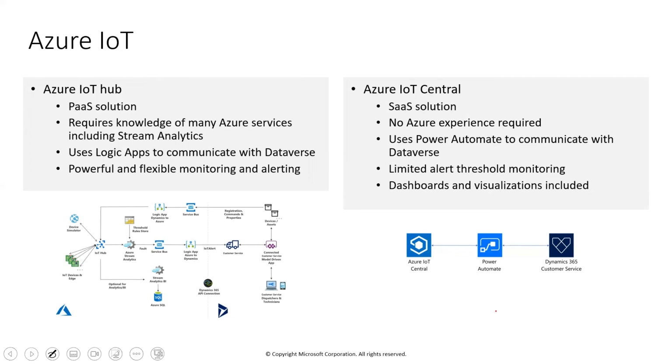Azure IoT Hub is a platform as a service solution that will require some basic knowledge of the Azure fundamental services. Because when we are configuring the IoT Hub, we need to configure some additional services like Stream Analytics, a storage account, and Logic Apps to send the required telemetry data towards my Azure environment and my Dynamics area.